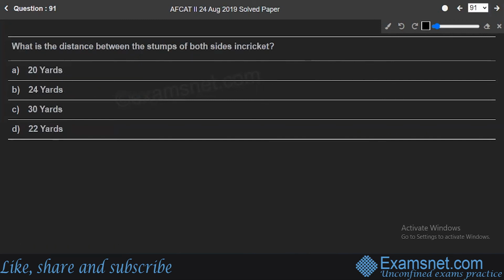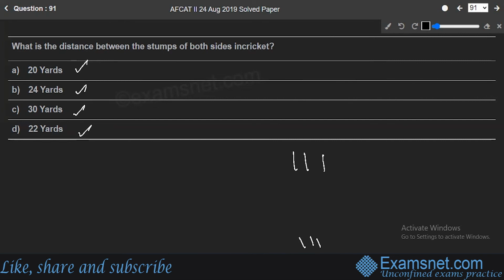Next is question number 91. What is the distance between the stumps of both sides in cricket? Is it 20 yards, 24 yards, 30 yards, or 22 yards? In cricket, there are three wickets on either side, and the two sets of wickets shall be pitched opposite and parallel.